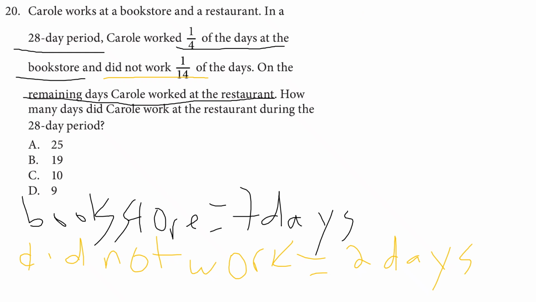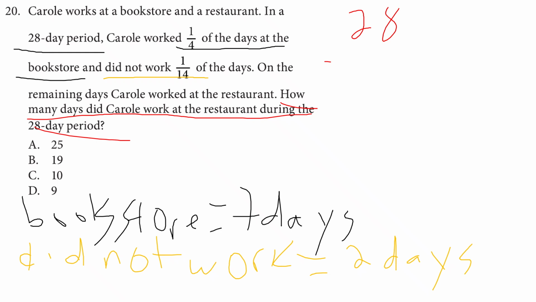All right, so now we figure out the remaining days. Let's do that. We know it's a 28-day work period. We're going to subtract the 7 days that she worked at the bookstore. That gives us 21.